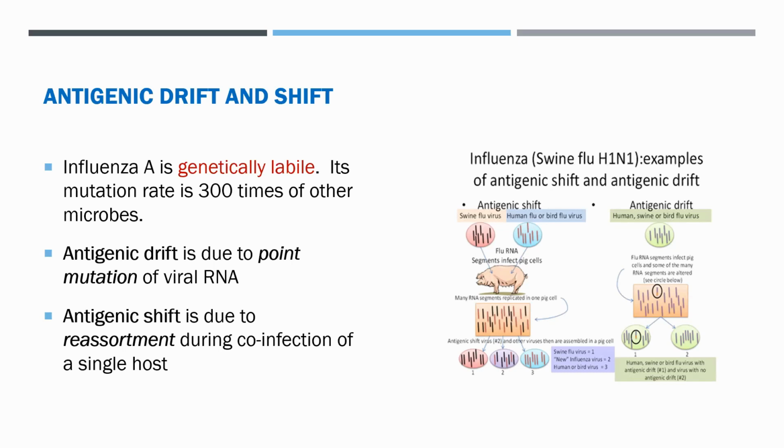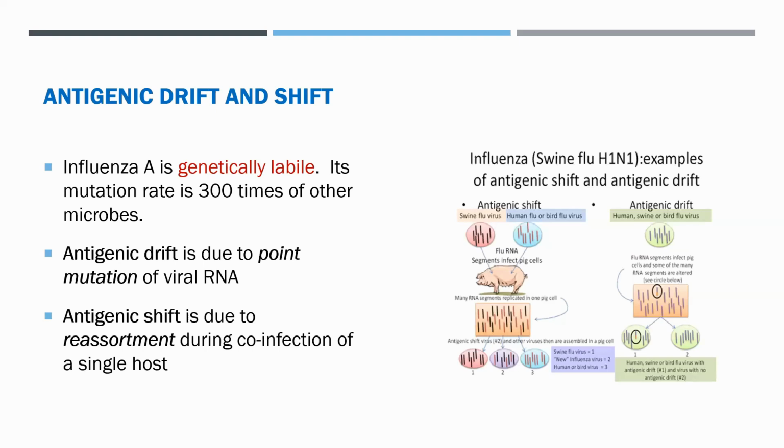For instance, what you can see in the cartoon on your right, the swine flu virus and the human flu virus are affecting the host at the same time. And because these two viruses are present in the same host, they can actually bind together and result in a reassortment of the virus.